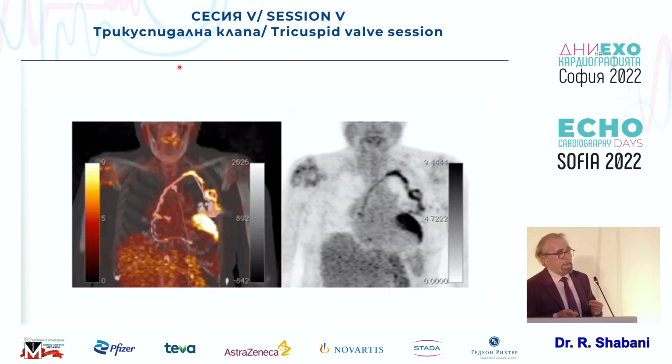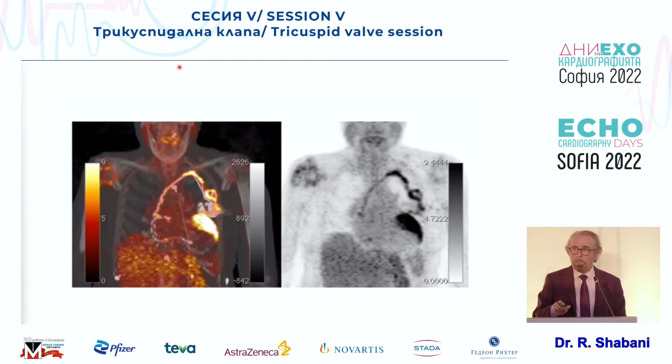Сега, кои изследвания трябва да се направят? Това е ПЕТ скан, колеги. ПЕТ сканът показва има ли вегетации и дали са активни. Това е много важно. Това е метод и е достъпен. Отколкото да губите време с антибиотици и, разбира се, лечение на септично състояние. Ето тук е един пейсмейкър, който показва възпаление по цялото протежение и самата батерия.